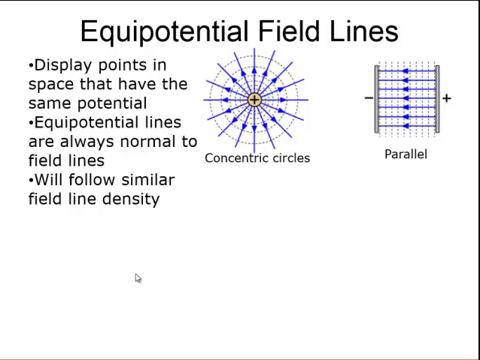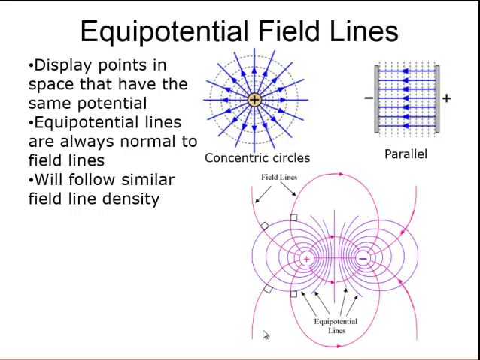That's probably shown best if we think about the field lines in this situation. Where there are more field lines, the equipotential lines are often grouped closer together.